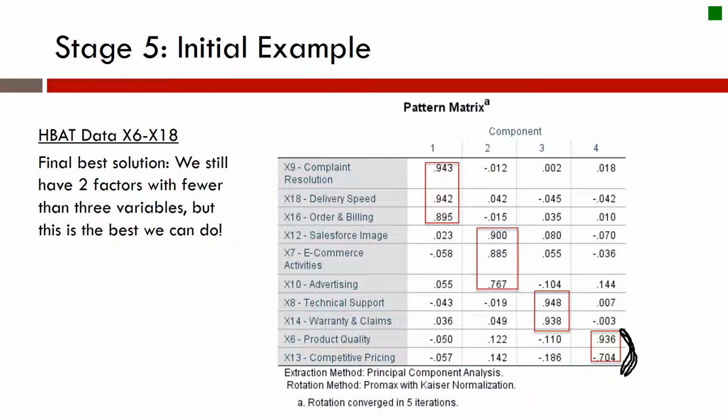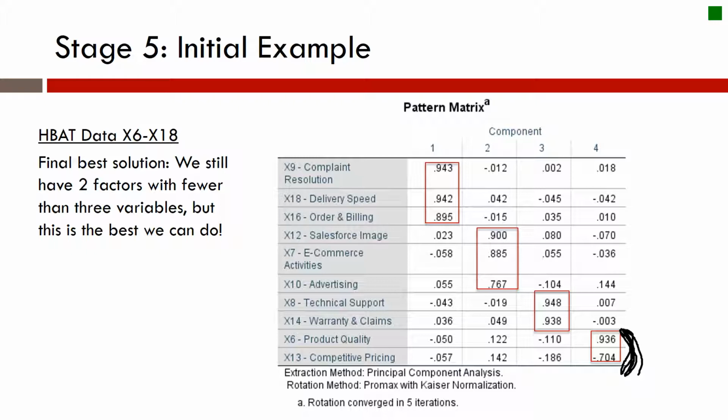It means that we've got 2 things that really don't explain one underlying concept here. And actually, if we look at these items, product quality and competitive pricing, my quality and my competitors' prices, what this suggests is that these are inversely related because we've got a negative and a positive here.